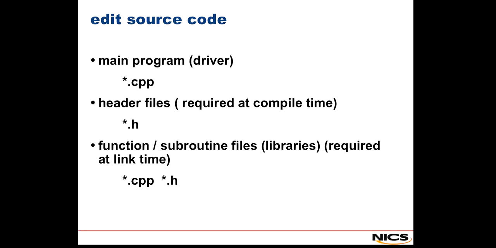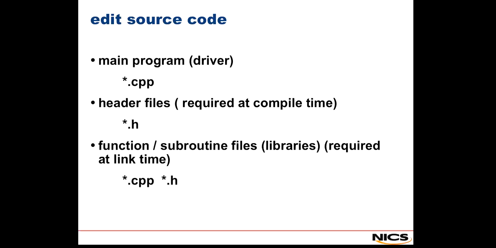So let's use a C++ program as an example. At the step of editing the source code, usually you will have at least a main program. Sometimes we call it drivers.